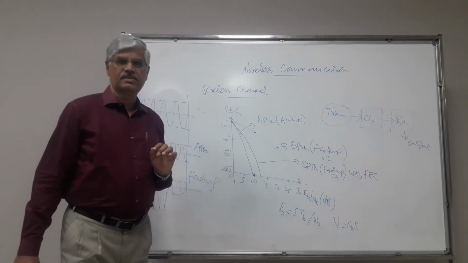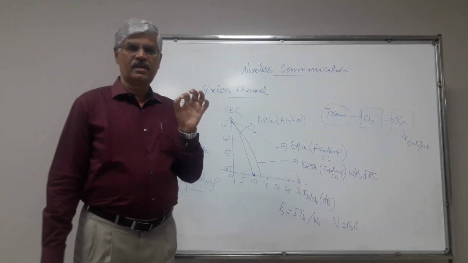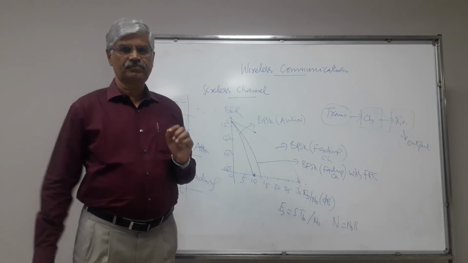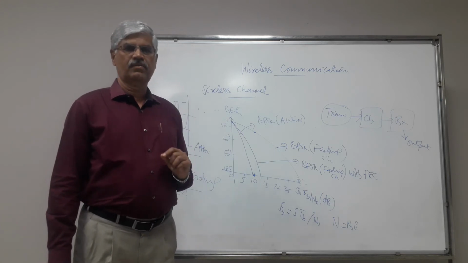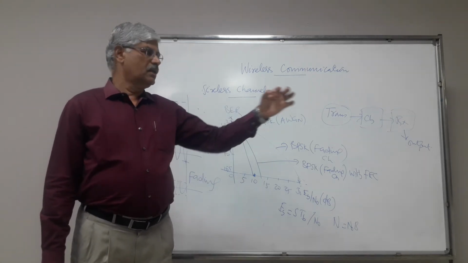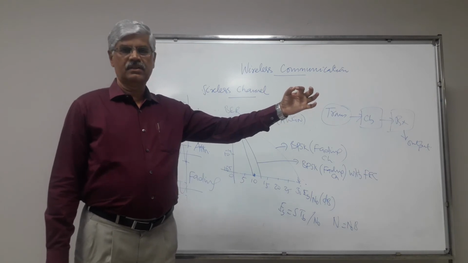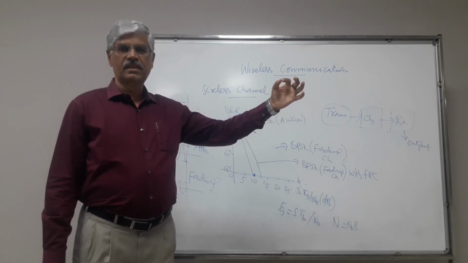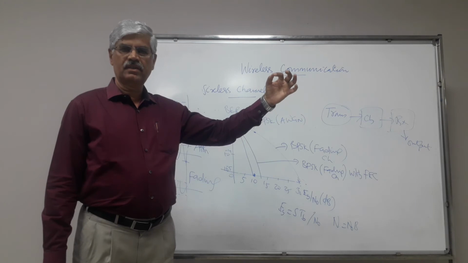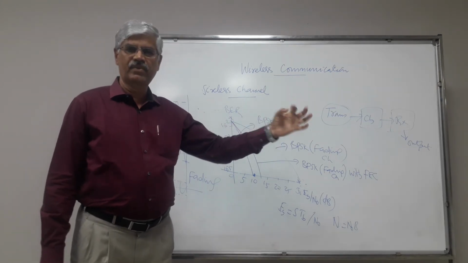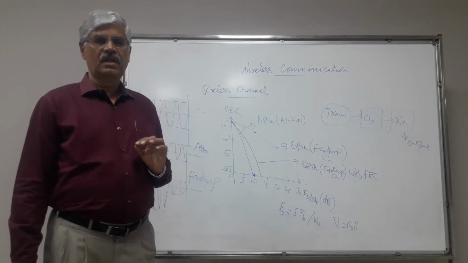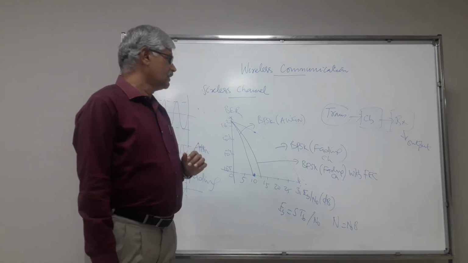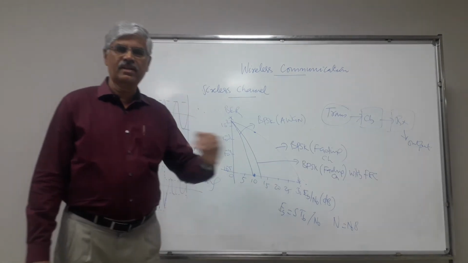So now, what we can understand is that in a wireless channel, particularly in a multipath environment, at the receiver, the signal is getting attenuated, but the attenuation is also time varying. And at the receiver, there is a delayed response.